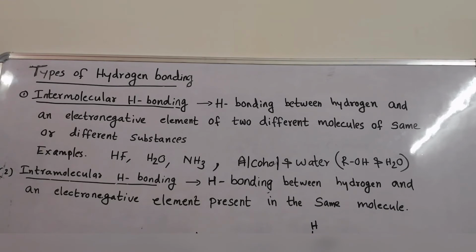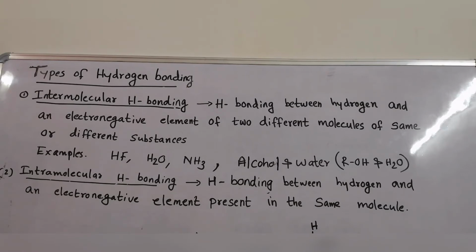Example: hydrogen fluoride, water and ammonia. In all these molecules, hydrogen bonding is between hydrogen and an electronegative element of two different molecules of the same substance.